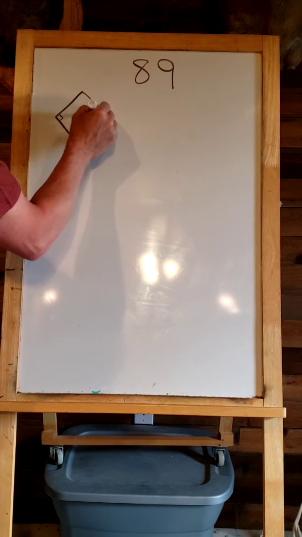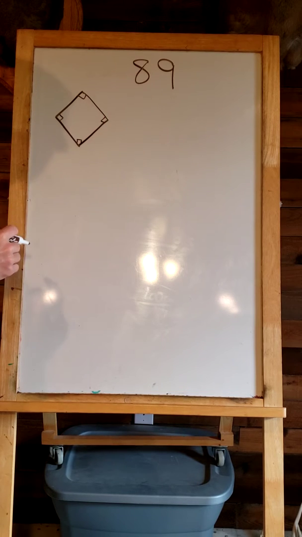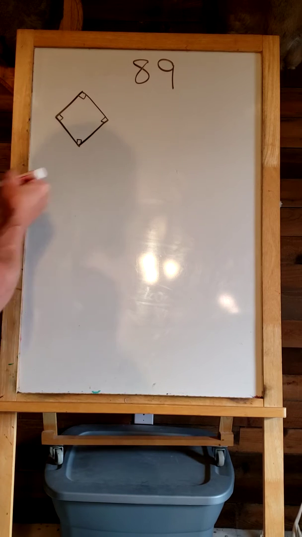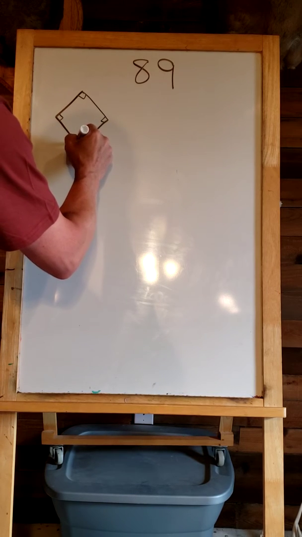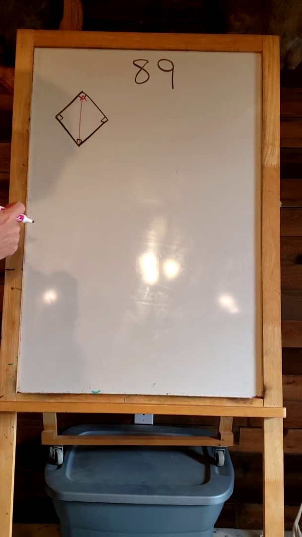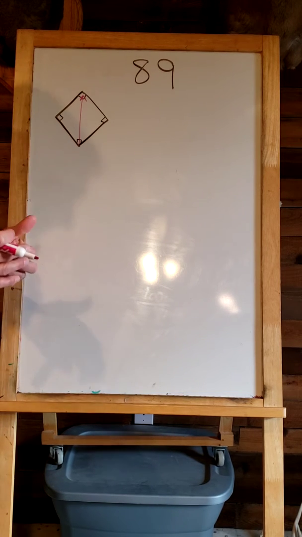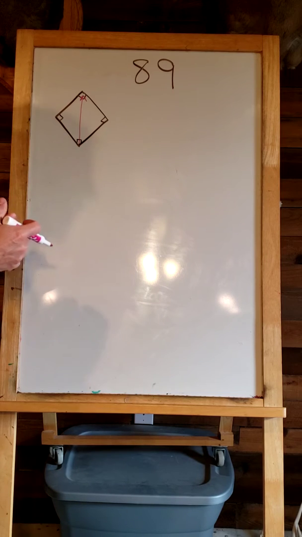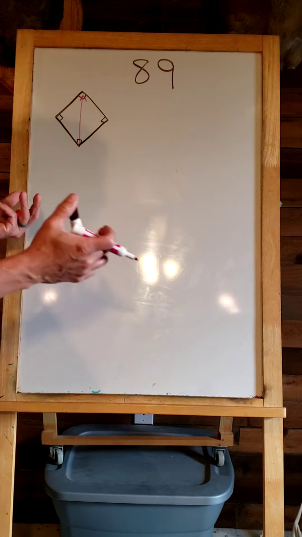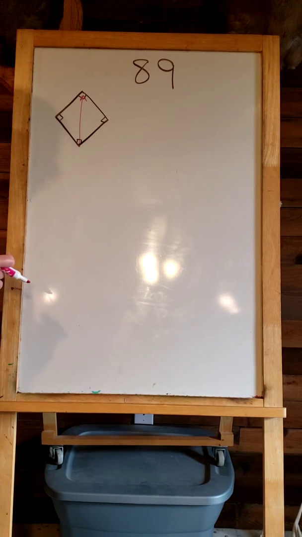Diagonals mean that we are going from one side to the other. So for a diagonal, we are going from home plate to second base. In this case, for a square, we're cutting it in half.